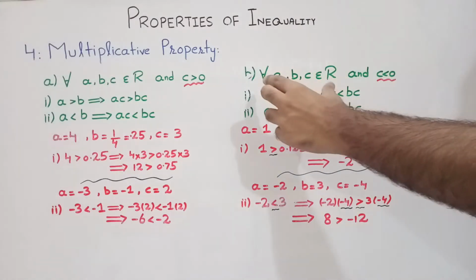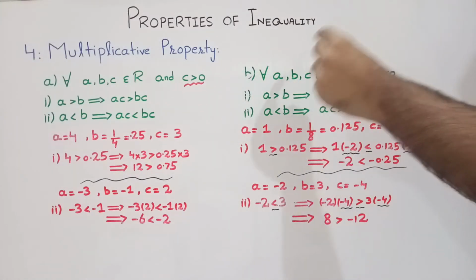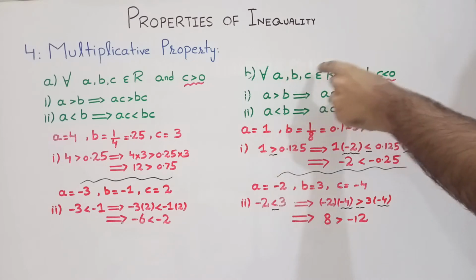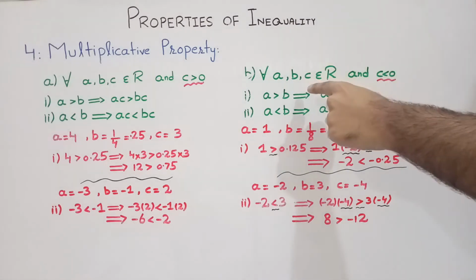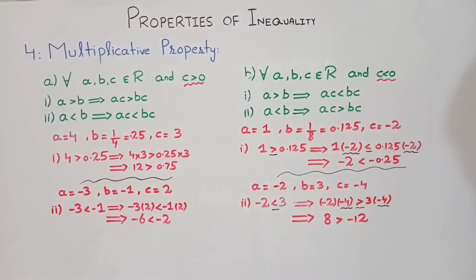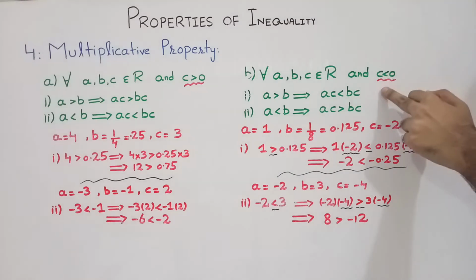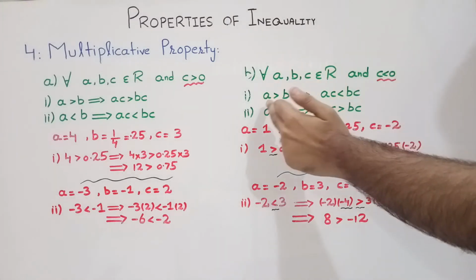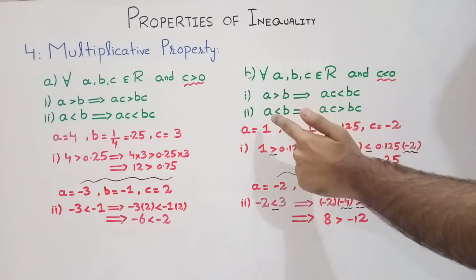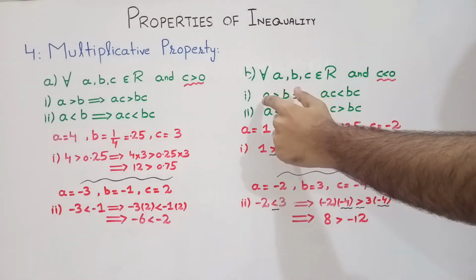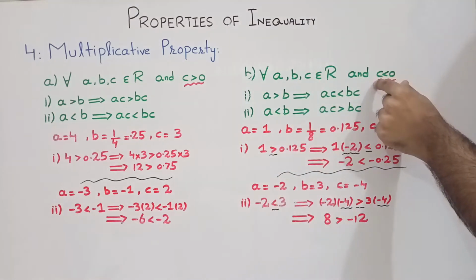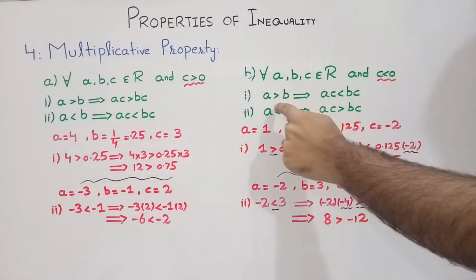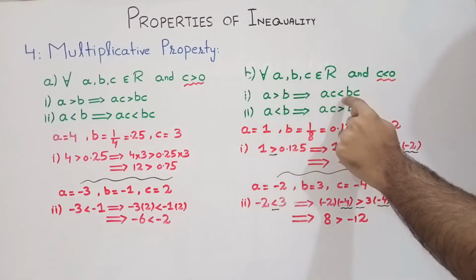The first condition of the second part is if we have three real numbers a, b and c, and there is one condition for c for the second part, that c should be less than 0, meaning c should be a negative real number. Now, if we say a is greater than b and we multiply both sides of the inequality with a common negative number c, then as a result of multiplication, the inequality will change its direction.